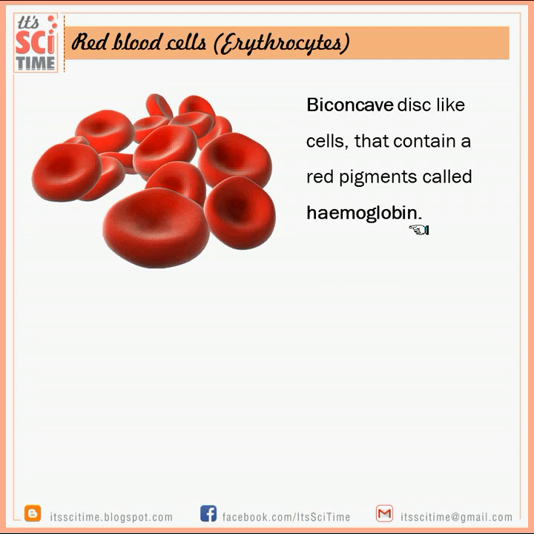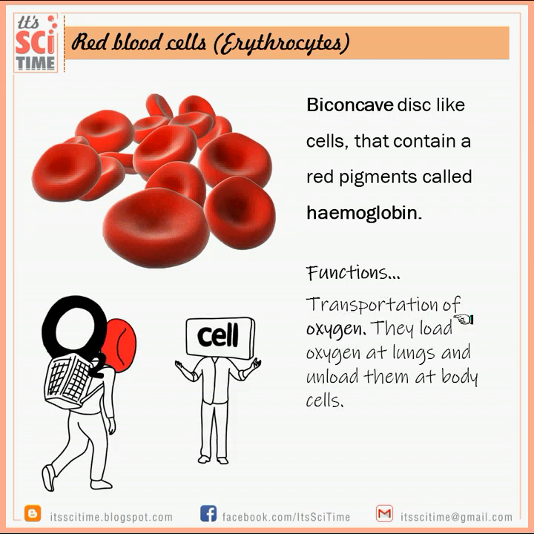So let's see the functions of these red blood cells. This is the first function: transportation of oxygen. That is the major function. So you can see them transporting oxygen in bulk towards the cells. They load this oxygen at the lungs and unload it at the cells.